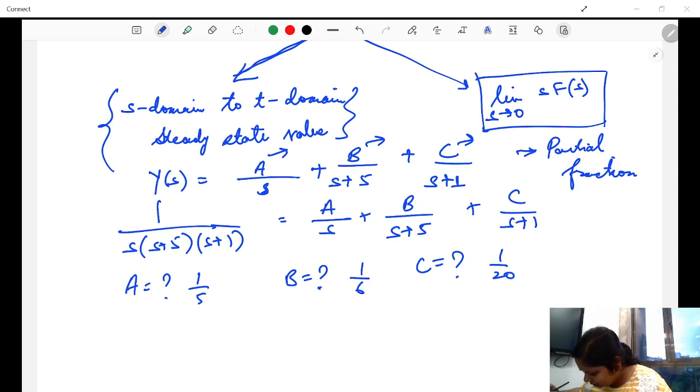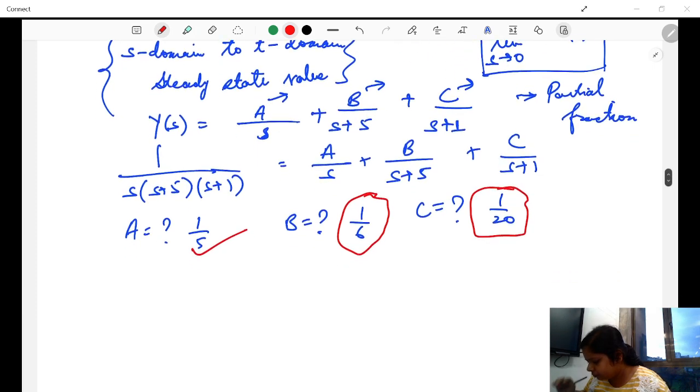Please take care of the signs as well. This 1 by 6 is misleading. So check this term. And here also you have a sign issue. And this is correct.